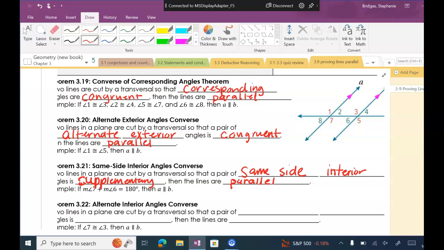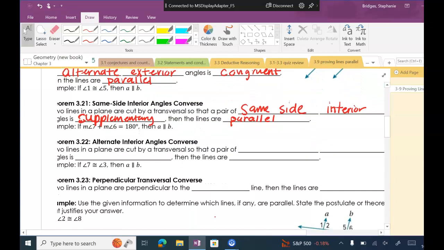That would work the same for same side exterior, but remember our book really doesn't talk about the exterior ones, so just keep those in mind. And then the alternate interior angles: if two lines are cut by a transversal so that a pair of alternate interior angles are congruent, then the lines are parallel.